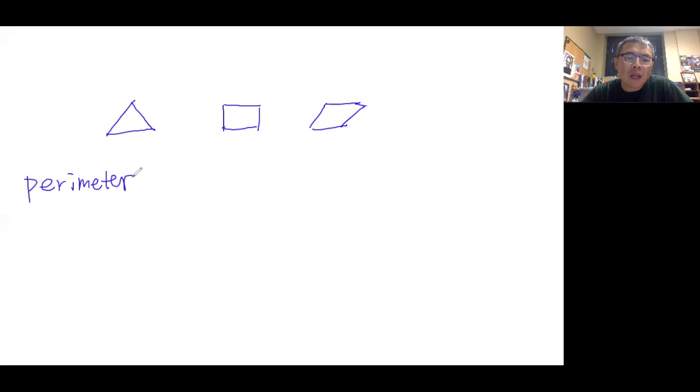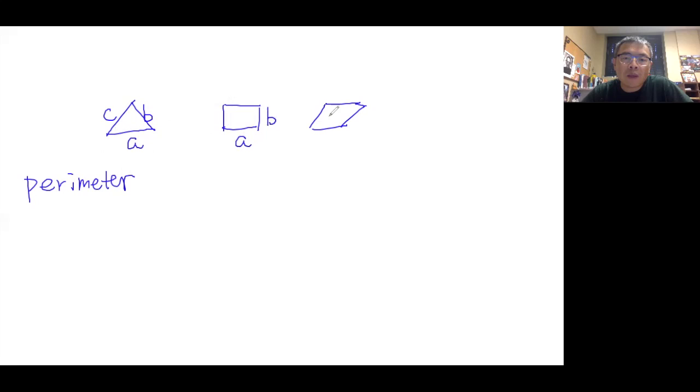Let's talk about the same two properties for triangle, rectangle, and parallelogram. For perimeter, it's kind of trivial because you have to know all three sides of the triangle. In the case of a rectangle, because these two are equal, you need to know this side and this side.